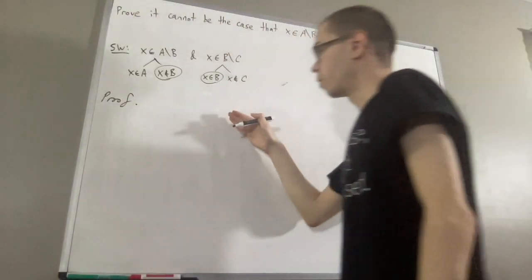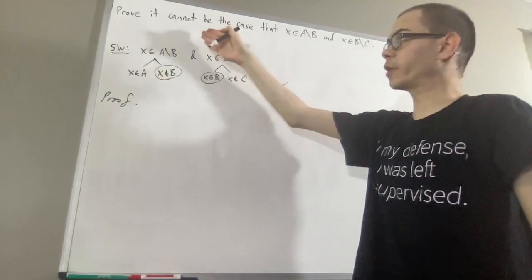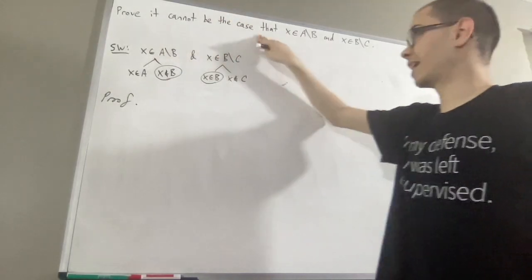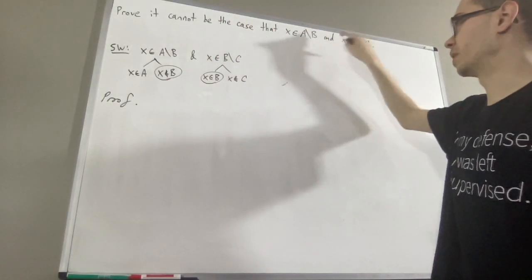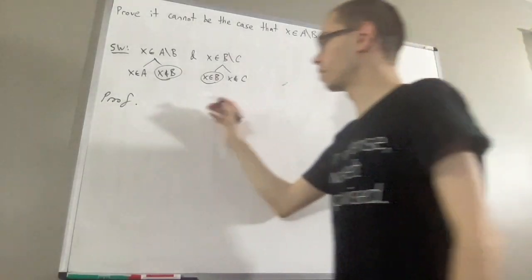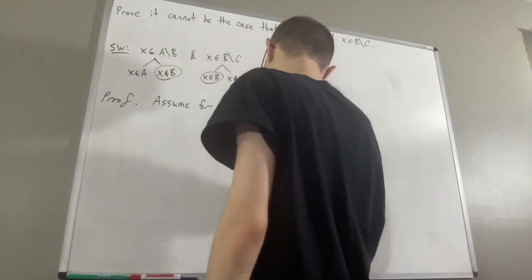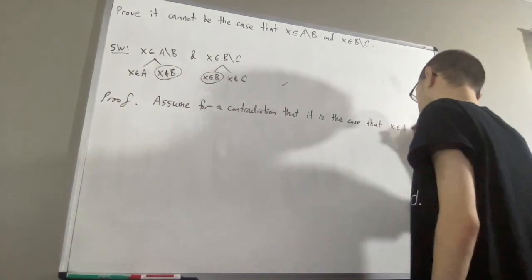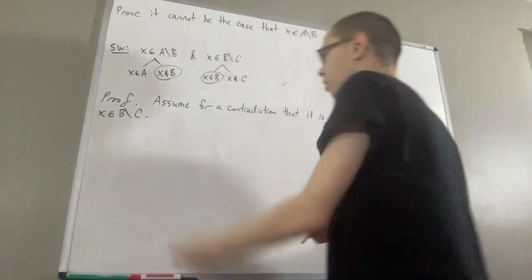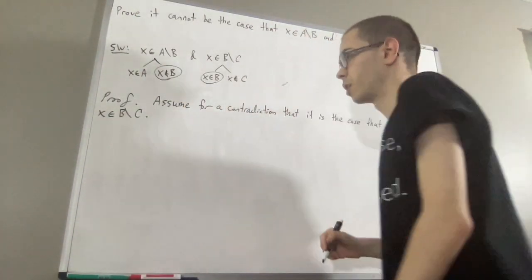So to write up the proof, we first say, assume for a contradiction that it is the case that x is an element of a set minus b and x is an element of b set minus c. Well, then let's look at what we deduced in our scratch work.